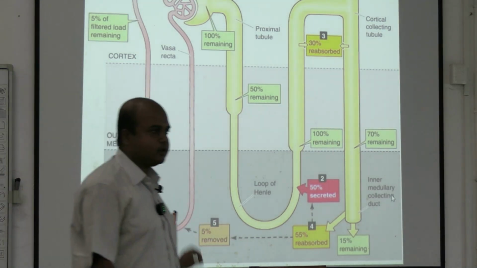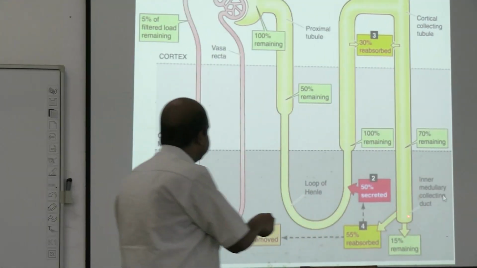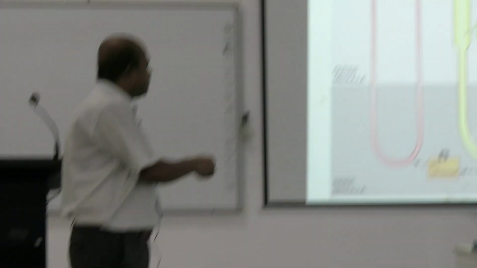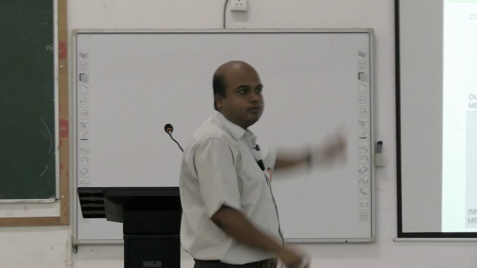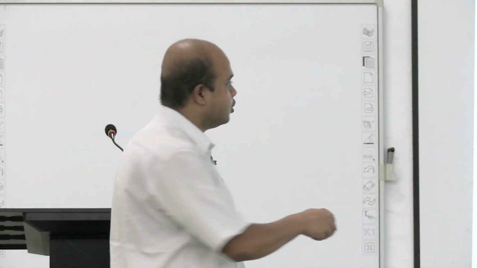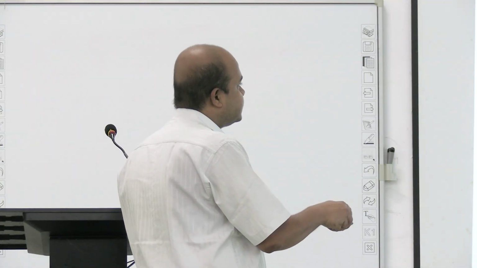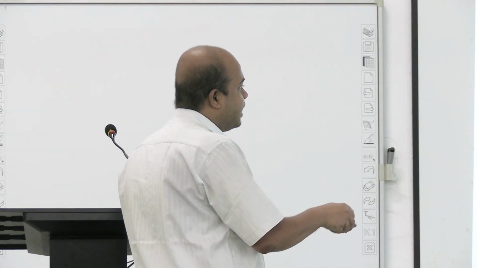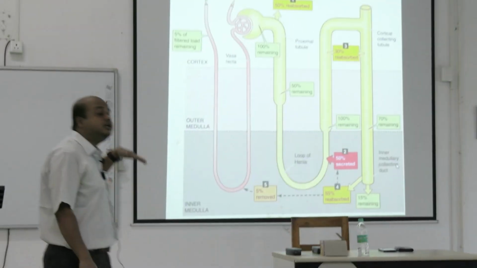You just remember if there is ADH, then only 15% of urea goes out. But in that image where there was that table, it was 50%. That is in the absence of ADH, 50% goes out. But if there is ADH, this recycling occurs, and 15% of the filtered load goes out.